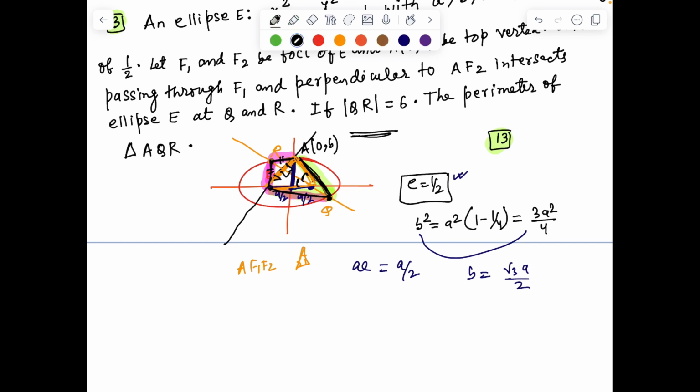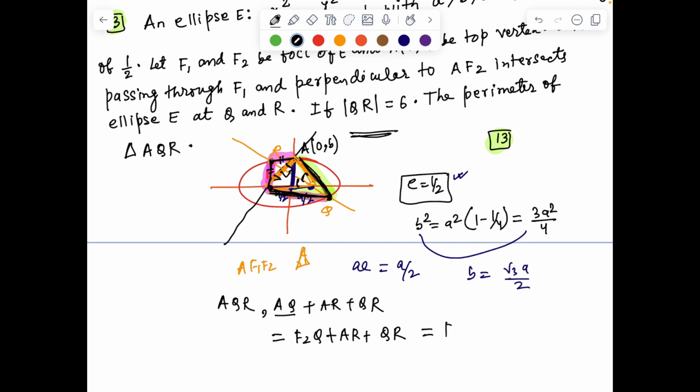And that's something really crazy, because instead of finding the perimeter of AQR, which is AQ plus AR plus QR, now I can tell it is same as, since this distance AQ is same as F2Q, I can write AQ as F2Q plus AR and plus QR, right?